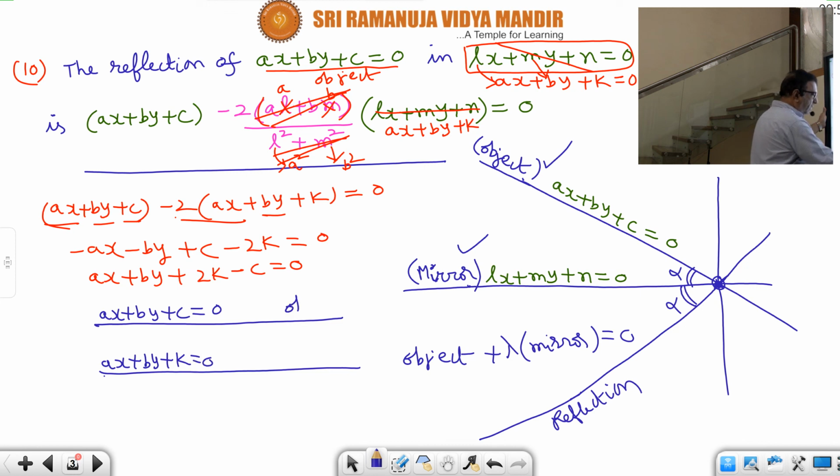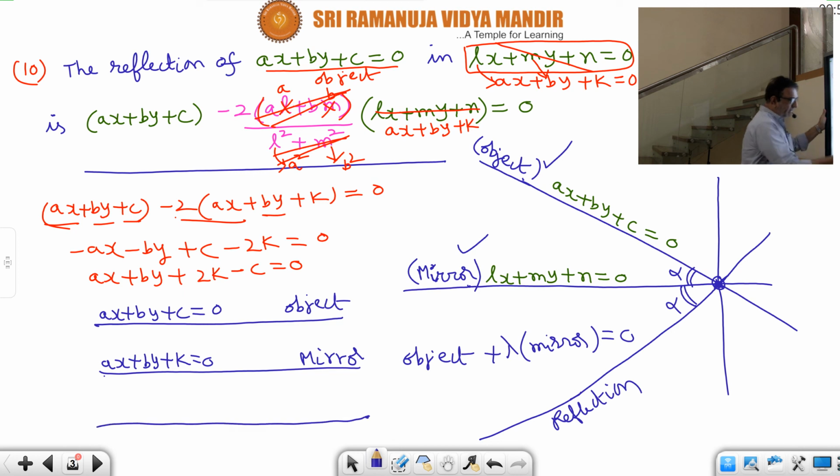This is the object. This is the mirror. So where will the reflection lie? On the other side of the mirror at the same distance, is it not? Yes, sir. So this is the reflection. This distance and this distance will be equal.